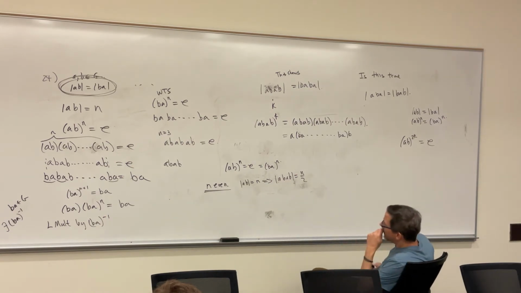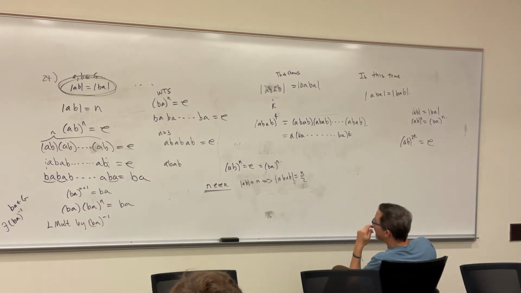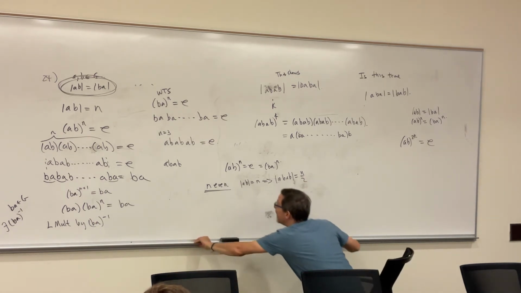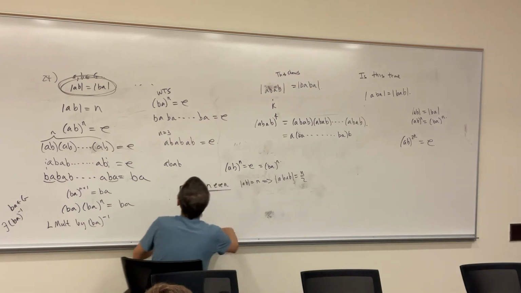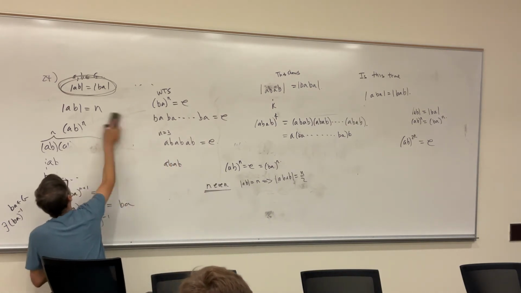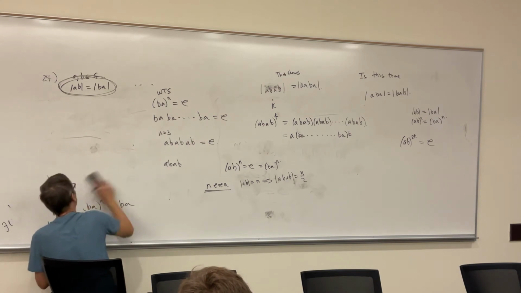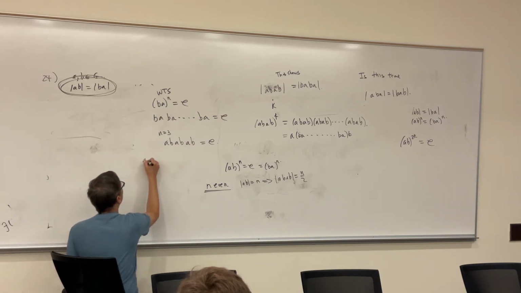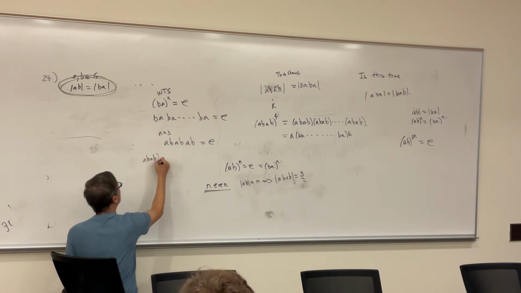So that sounds okay, but what if N is odd? Come back to the little game here. Let's say that the order of AB is 3. What is the order of AB?